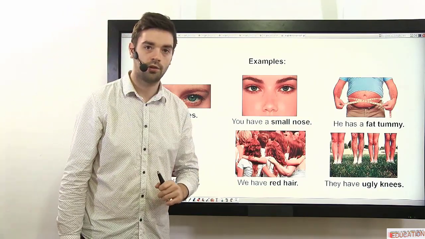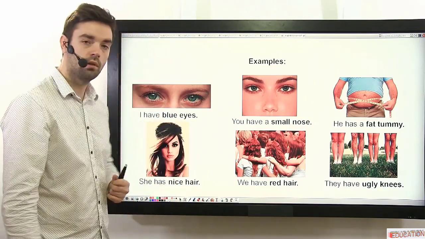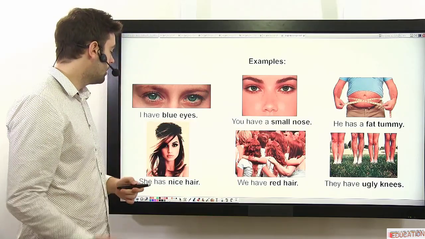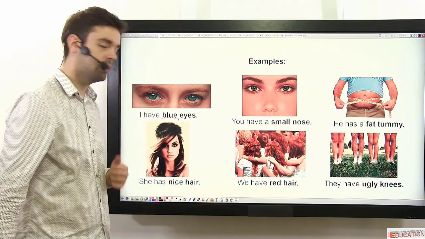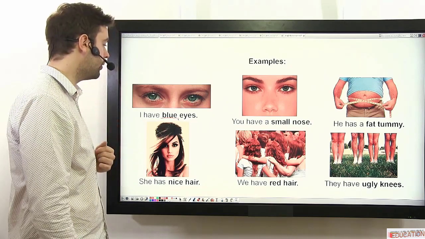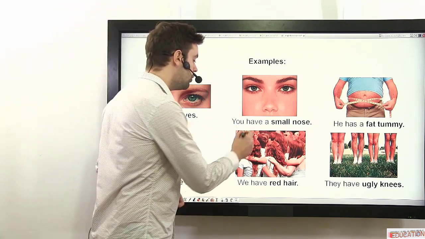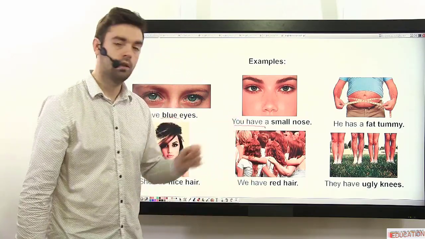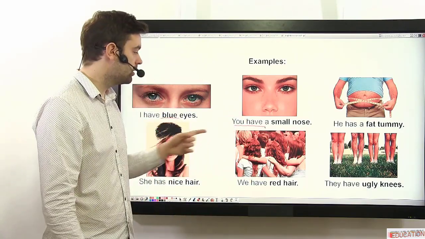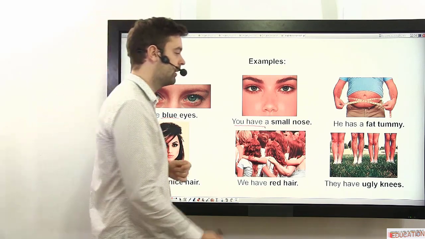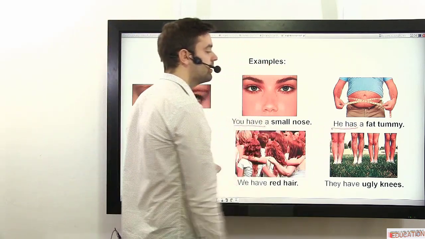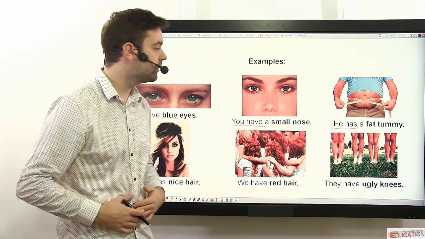So, let's try and describe some other people's body parts. I have blue eyes. You have a small nose. He has a fat tummy.